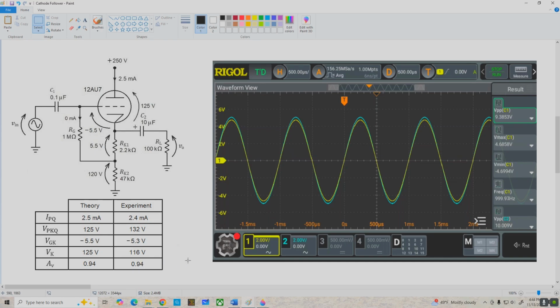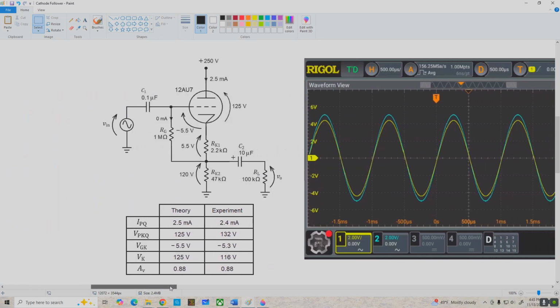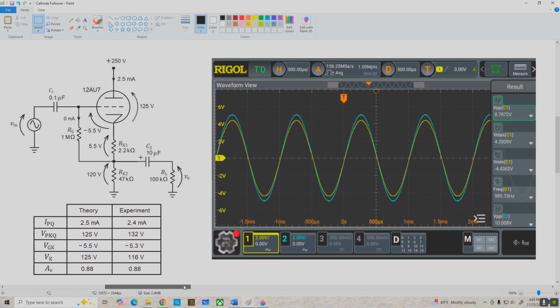It was 0.94. Here's the scope trace I used to determine that. I had 10 volts peak to peak coming in at 1 kilohertz. We got 9.3853 volts coming out, so that's about 9.4, so our gain is 0.94. Now I moved the output down to the node between RK1 and RK2, and that's shown over here.